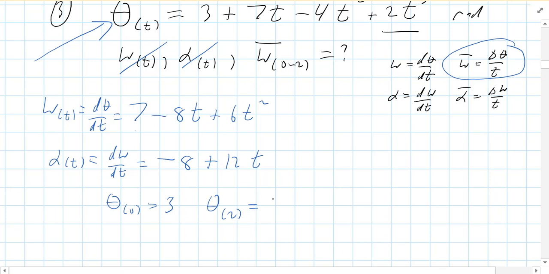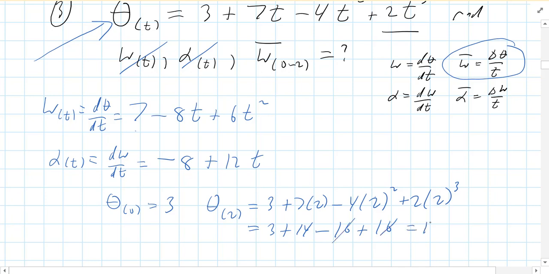Now that I got to do a little work for. We got 3 plus 7 times 2 minus 4 times 2 squared plus 2 times 2 cubed. And this equals, let's see, 3 plus 14 minus 4 times 4 is 16, and then plus, well, that's 16. So these last two things cancel, and I get 17.